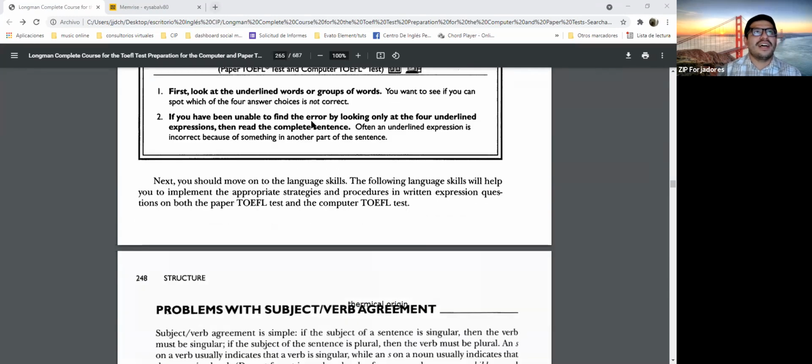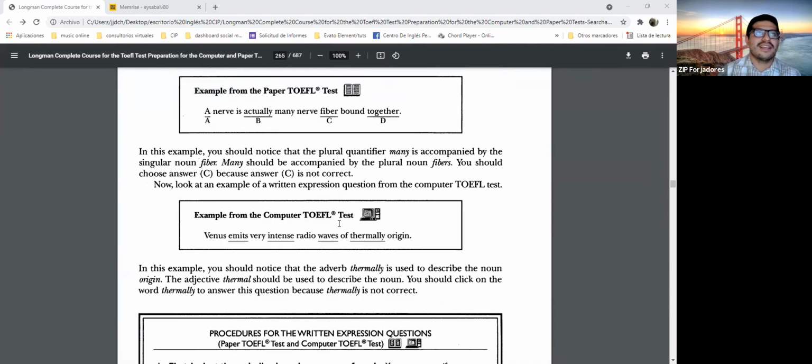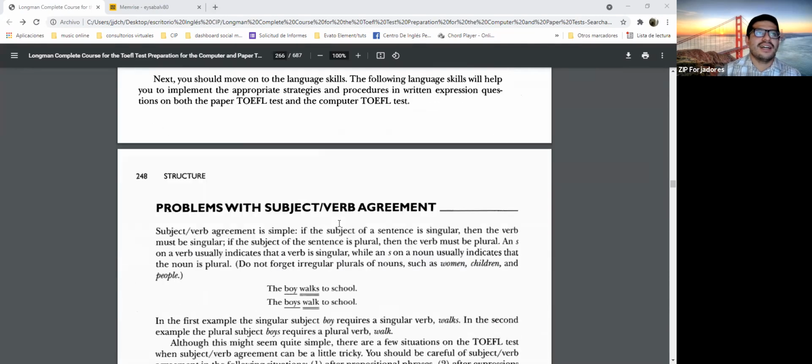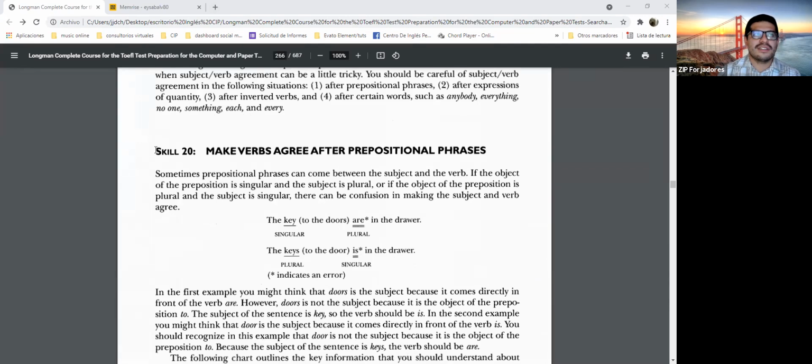As homework, very easy: you're going to read these pages and understand the first one, just the first one, skill 20, and do the exercise for sure.